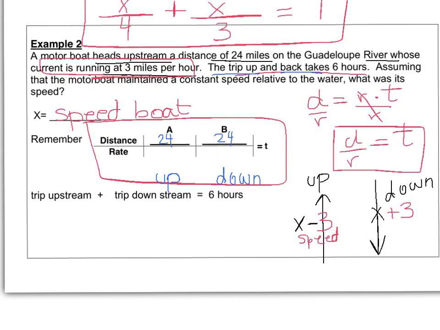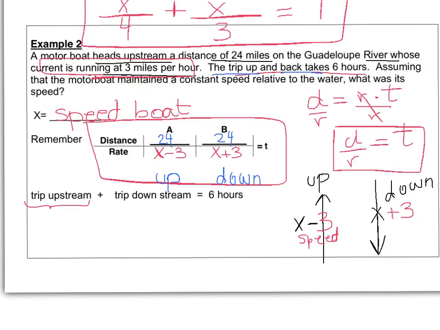So distance over rate: the distance is 24. And if you're going upstream, then your speed is going to be x minus 3. B is downstream, so again, distance over speed. Distance is 24 over x plus 3. So let's see.